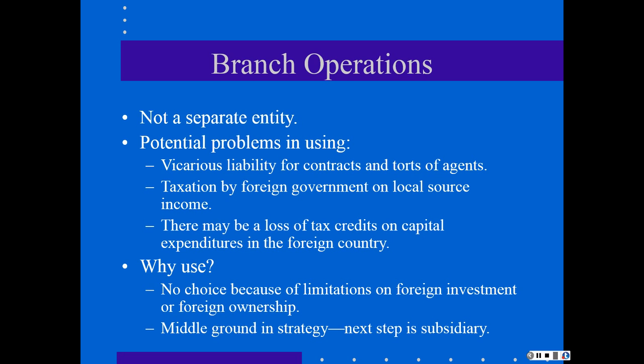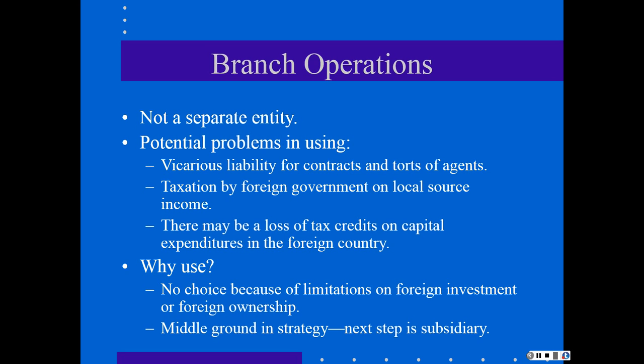Now, that foreign taxation in the foreign country that you're doing business in does not extend to income other than the revenues or the net income, taxable income generated on that foreign soil.